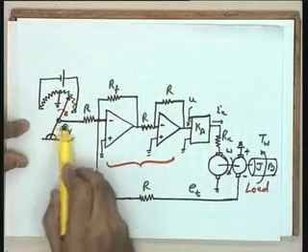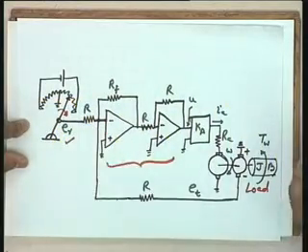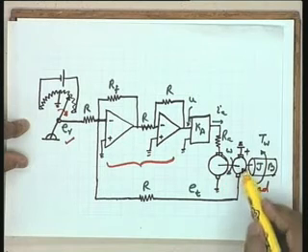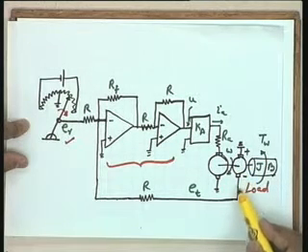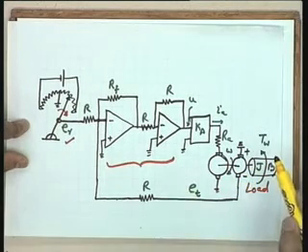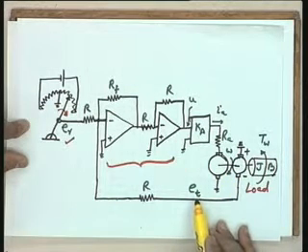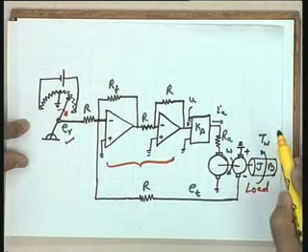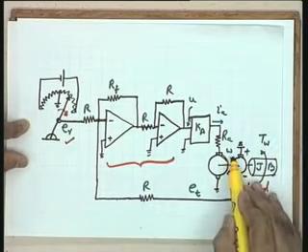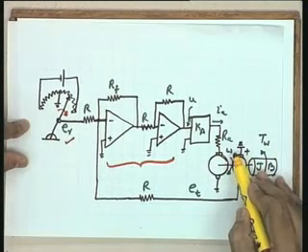So, this ER becomes the reference signal, and where is the feedback signal? The feedback signal in this case is coming from a tacho generator. A tacho generator, as you know, will generate a signal ET which is proportional to its speed. The speed being omega, ET is proportional to omega.